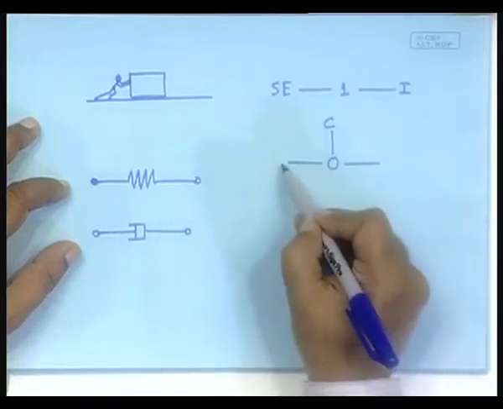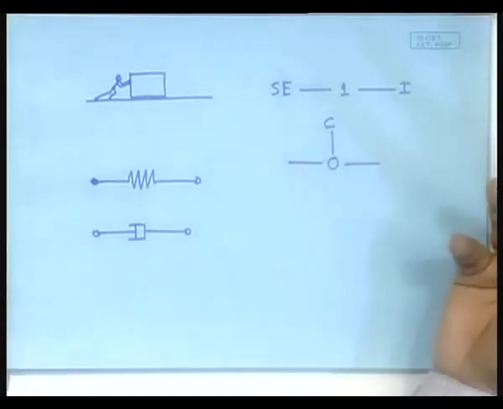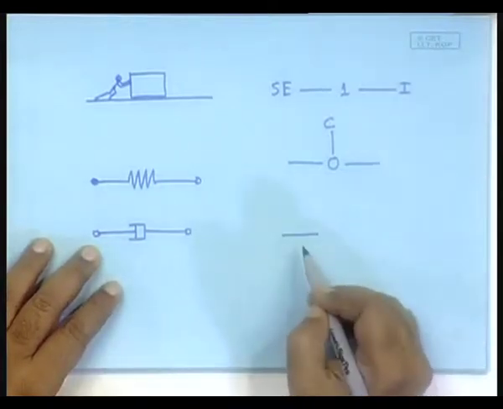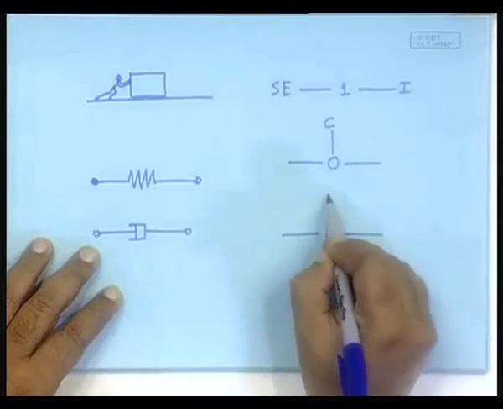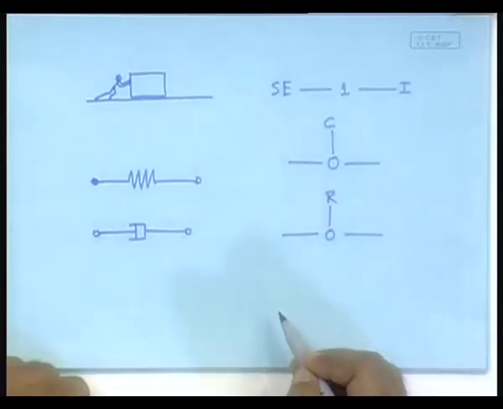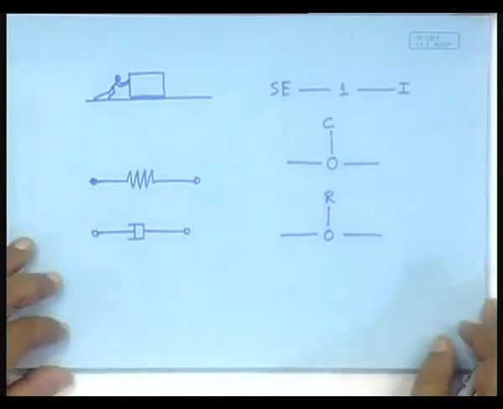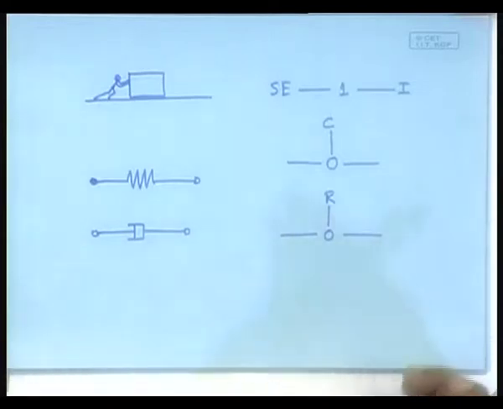So, whatever is on this side, whatever is on that side and the C element see the same effort. For this one, whatever is on this side, whatever is on that side and the R element see the same effort. Okay. So, that is how these things are drawn. Clear?